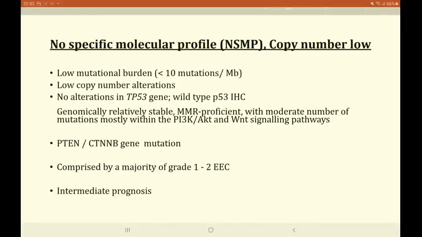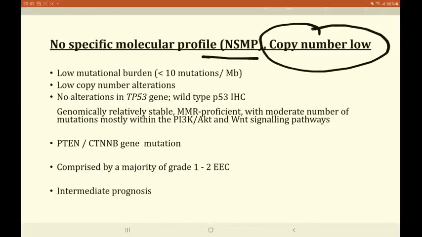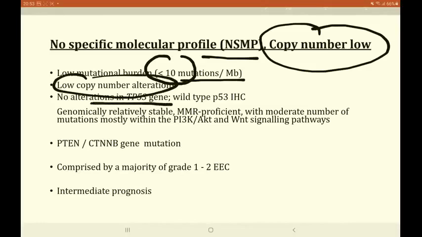Now we have the third category, which is called copy number low, also called no specific molecular profile. This one has a low mutational burden, less than 10 mutations per megabase, and it also does not have any chromosomal number alterations. It does not show any alteration in the TP53 gene, that is, it has the wild type or normal type p53.